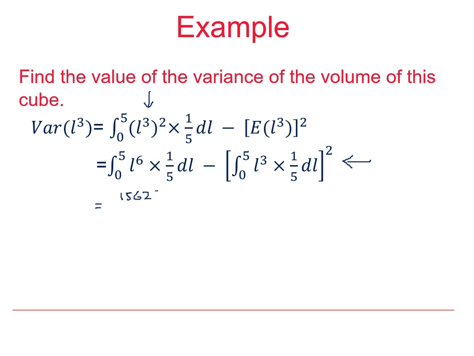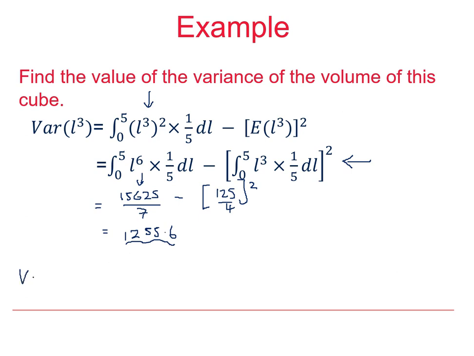and you should be able to obtain the answer here for each of these. We had our 125 over 4 earlier anyway, and we need to just obtain the value of that definite integral, and that then comes to 1255.6. And remember, variances, particularly if we're talking about something cubed here, they're in units squared anyway, so variances can end up being very big, so don't get put off by that.